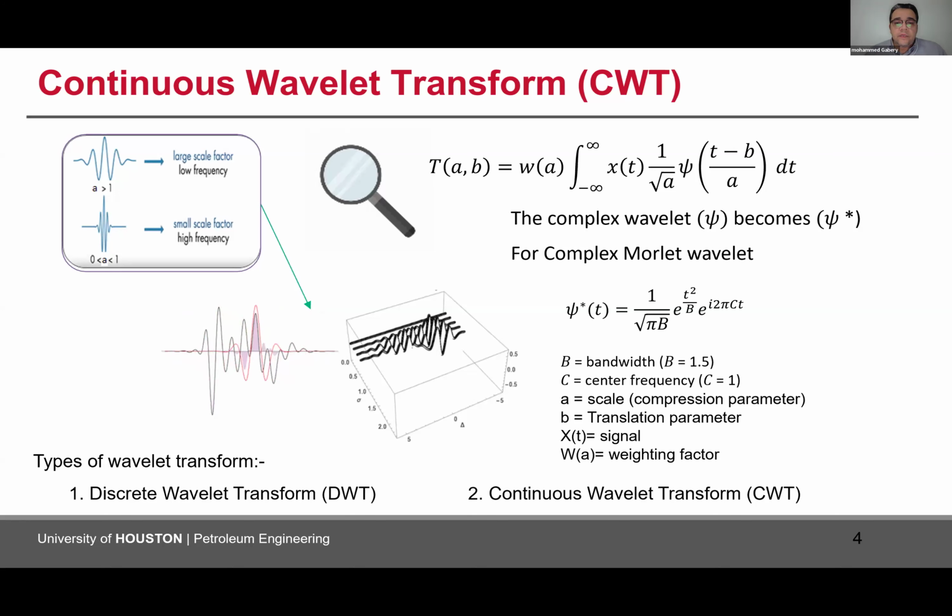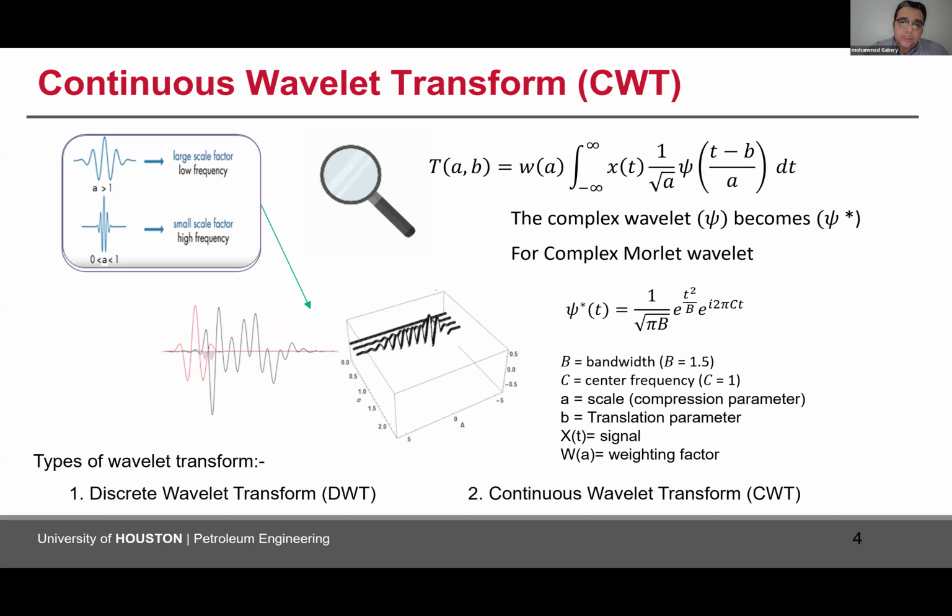Wavelet transform is a flexible mathematical microscope for our signal using a short wavy signal, which is the wavelet. So it's a mathematical convolution between a short wavy signal called wavelet and our signal, and in our case today is the treating pressure.